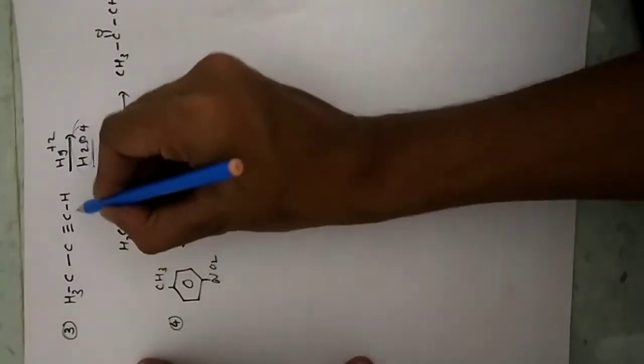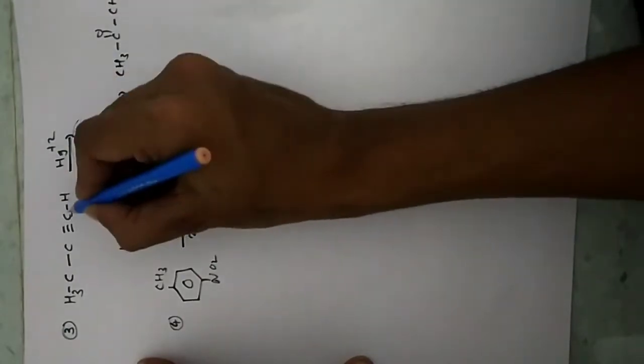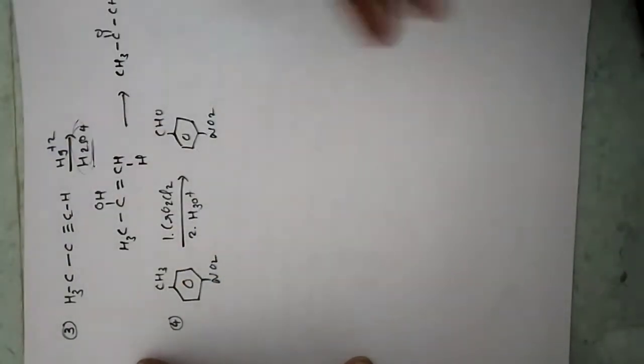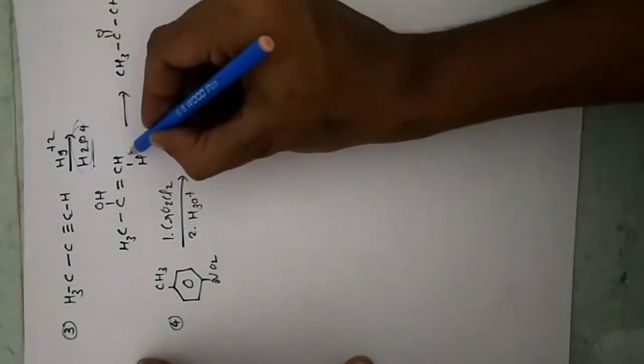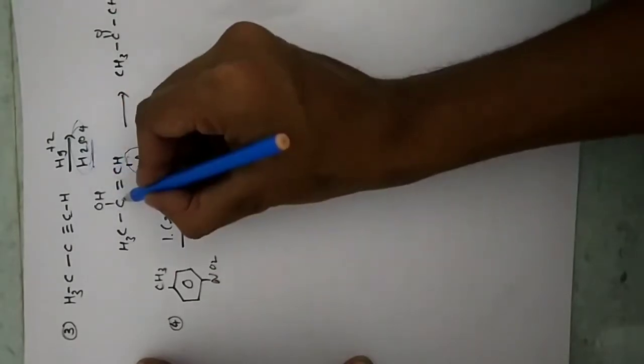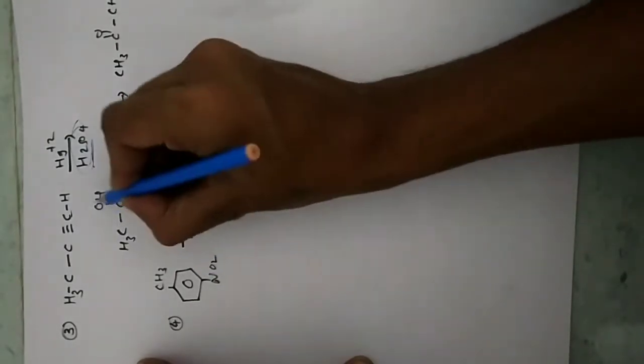You can see this carbon has hydrogen, so add hydrogen on that carbon. Wherever you see hydrogen, add hydrogen on that carbon. So here you can see I have added hydrogen. The remaining OH part, add it to the adjacent carbon. I have added OH here.